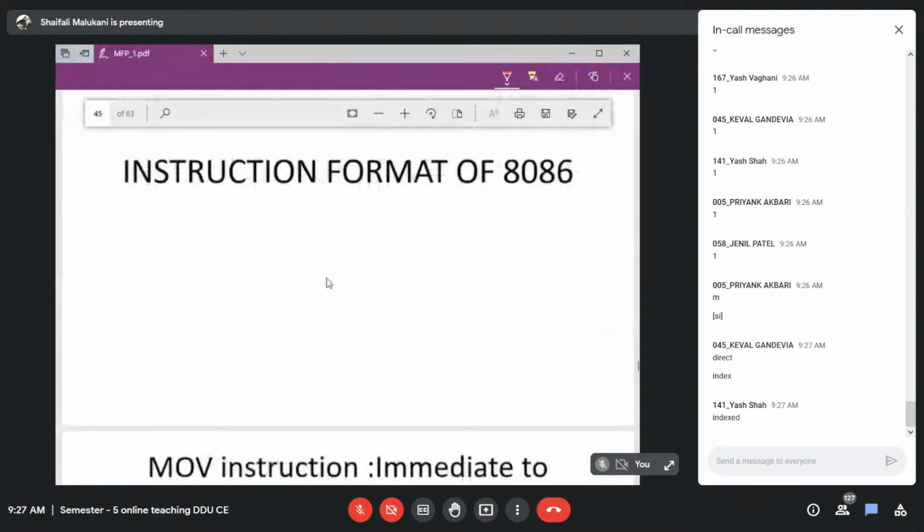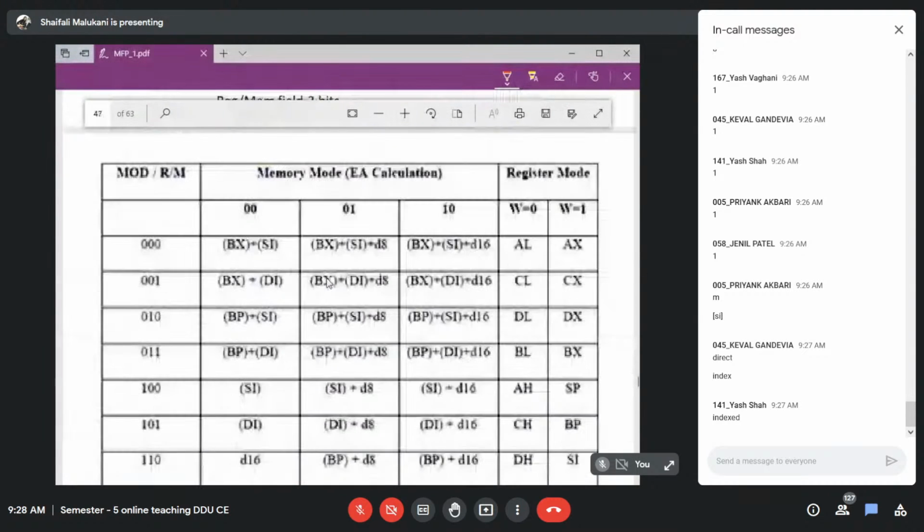For that you will need a table, and this is that table, right? If my mode value is 00, and the R/M field indicates 000, that means it is BX plus SI. You have to take the value of BX plus SI, and that will give you the offset, right?